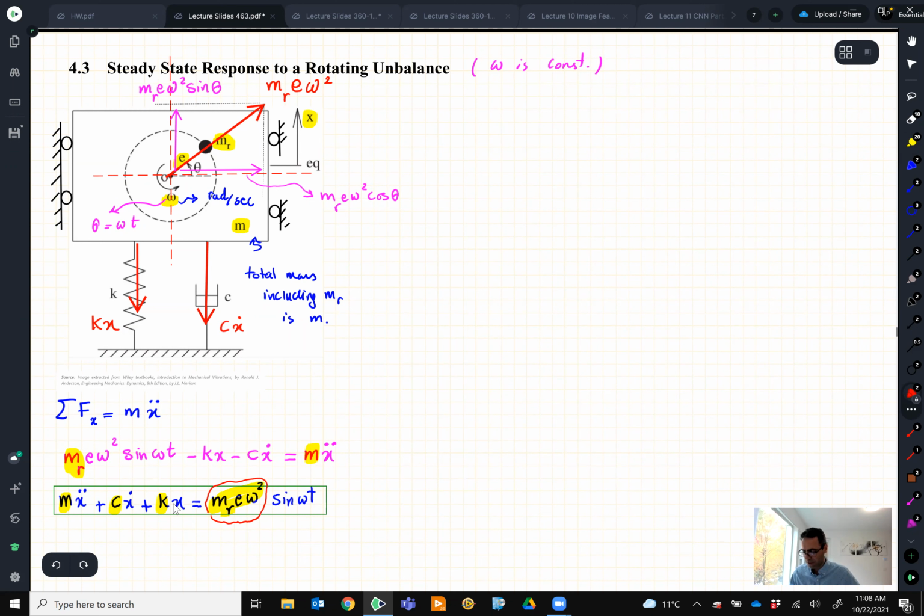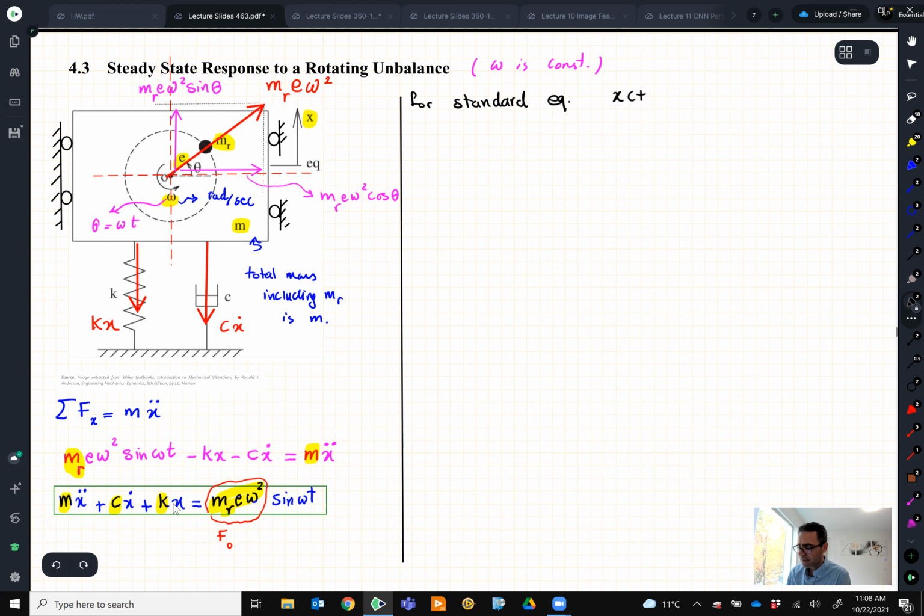Now F0 got this new form. So I will write my equation. Let's do them over here. As a standard form, I know for a standard equation, we learned that x(t), the steady state response, is X sine omega t plus phi, for which we have a formula.